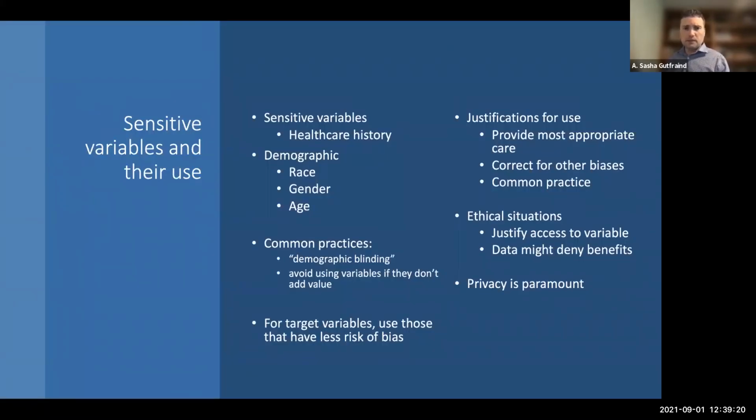Let me tell you a little bit about sensitive variables. One of the basic questions that we have is when to use a variable like race, or an even harder question, a variable like gender and age. This is where the subjective judgment comes in a big way. There are situations where these sensitive variables are appropriate to use in the healthcare algorithm, and there are situations where they are not appropriate.